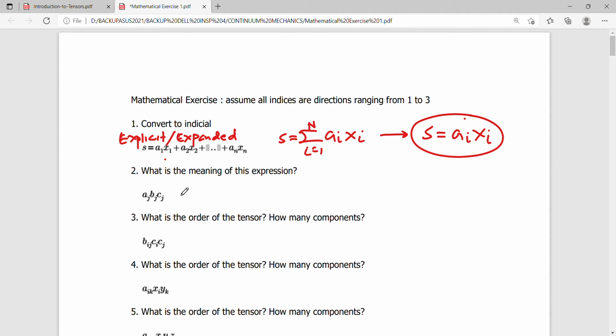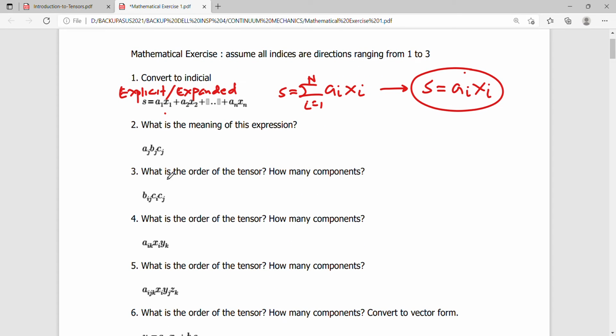So for the second problem, we're asked to find the meaning of this expression. And we have learned from our basic rule again that there is no such thing as a triple repeated index. So the index is repeated thrice, and this is a no-no in continuum mechanics.